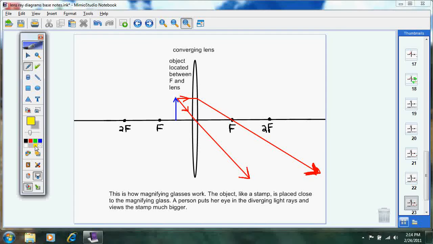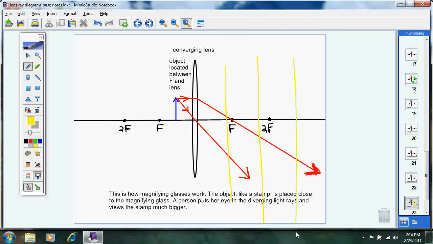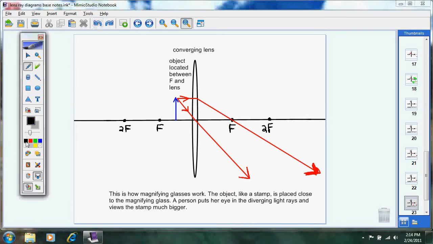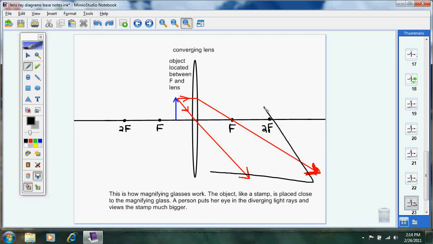If I put a screen over here, or over here, or over here, I would just see a white blob of light getting bigger and bigger, spreading apart farther and farther. However, if I put my eye in the light, my eye would be catching this light, and my eye and my brain would say, hey, where's that light coming from?